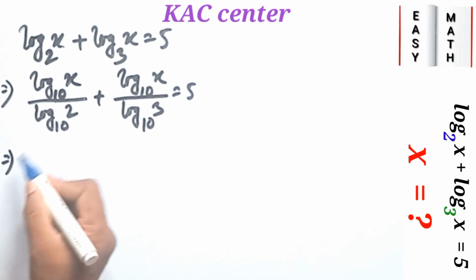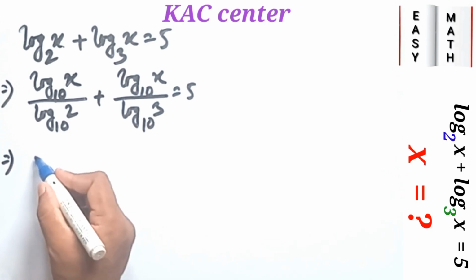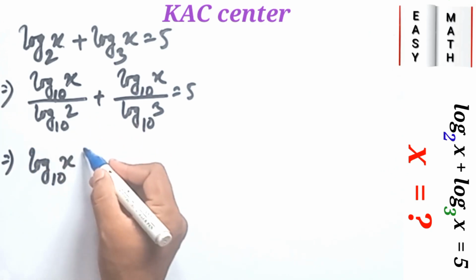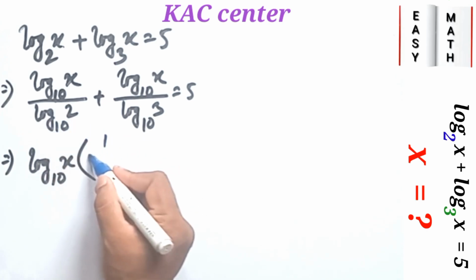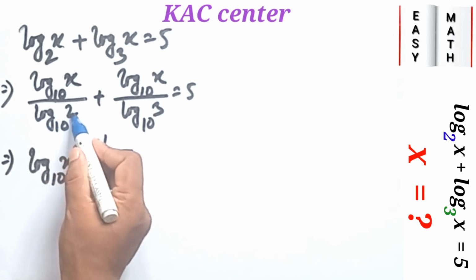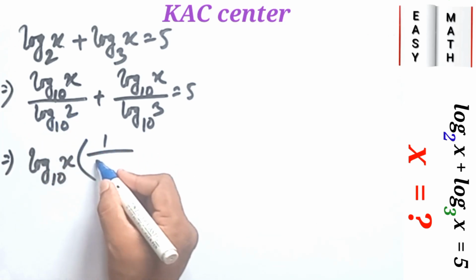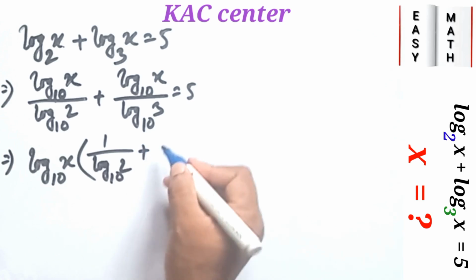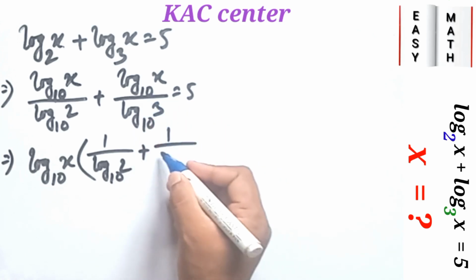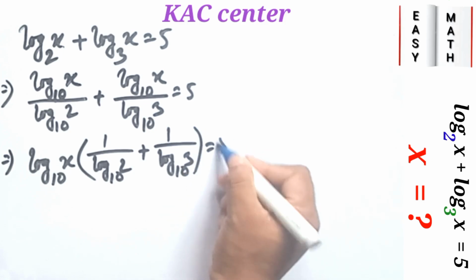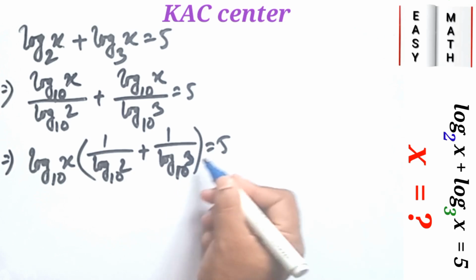And now we take log base 10 of x common, so there is 1 by log base 10 of 2, and we can write log base 10 of 3.